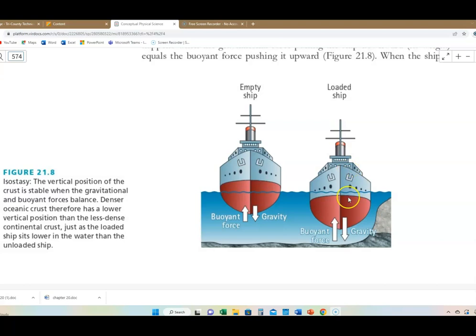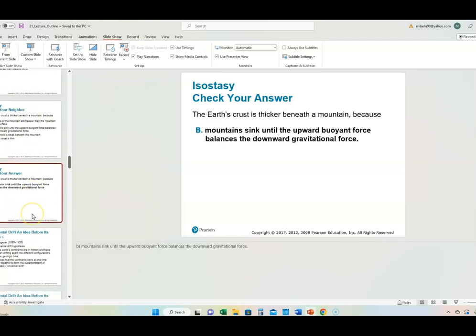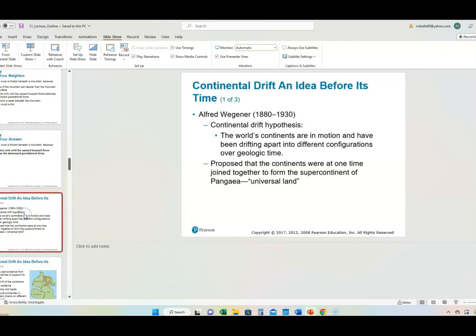It'll sit further down in the water, and that's the example we're trying to show with the continental crust.